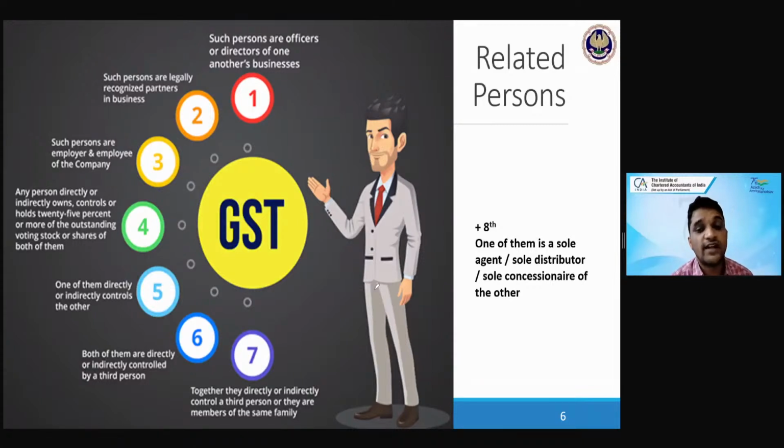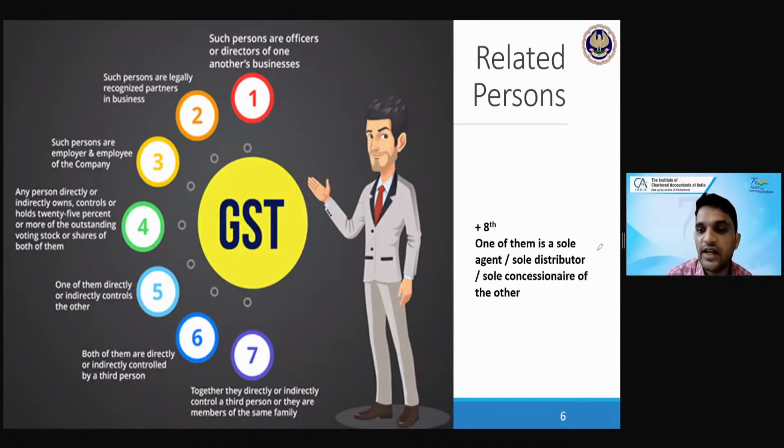One of them directly or indirectly controls the other, and both of them are directly or indirectly controlled by a third person. These are all self-explanatory, because we have seen all of this under the Income Tax Act and the Companies Act, a more or less similar definition. And together they directly or indirectly control a third person, or they are members of the same family.